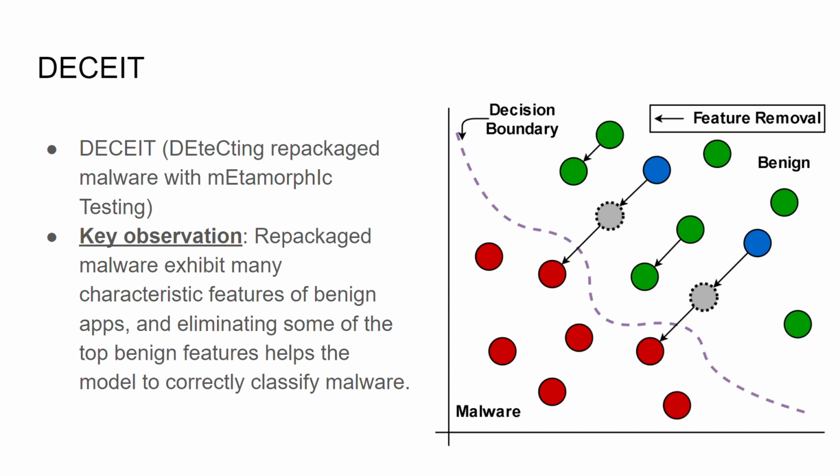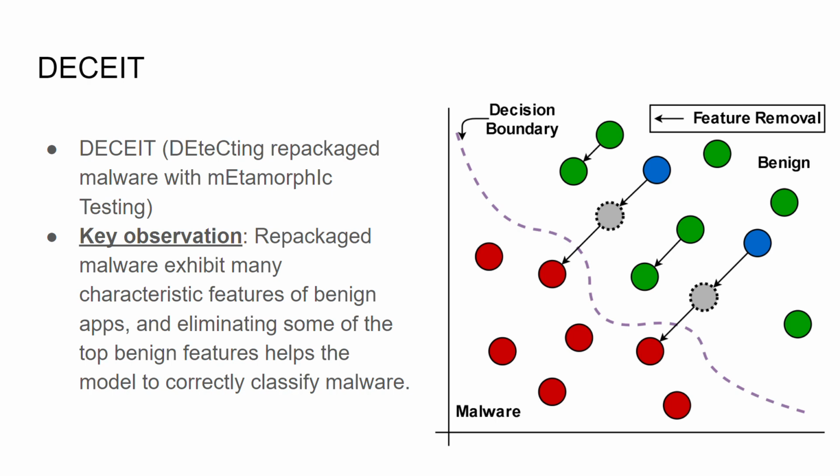And now this is the key idea behind DeceiT. The repackaged malware exhibit many characteristics of benign apps, and eliminating some of the top benign features helps the model to correctly classify malware. On the right hand side, the picture depicts the decision boundary of the model in the middle, and we have the green colored dots, which are the benign apps, the blue colored dots, which are the misclassified repackaged malware, and the red dots, which are the repackaged malware that were classified correctly.